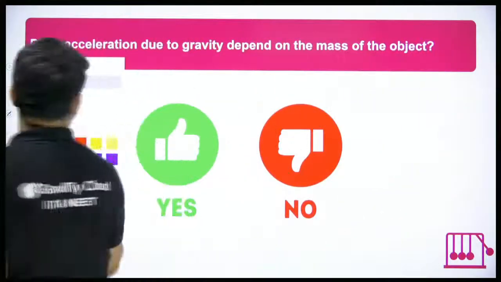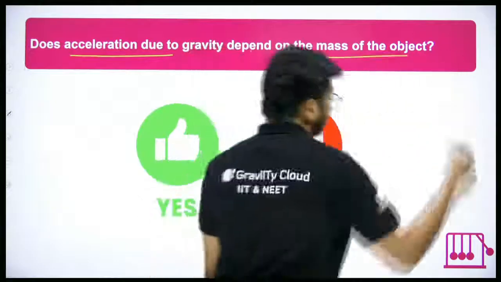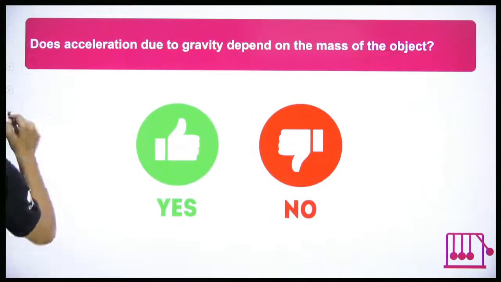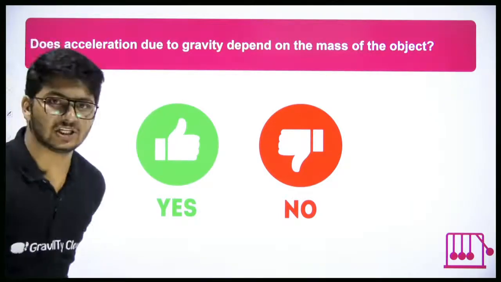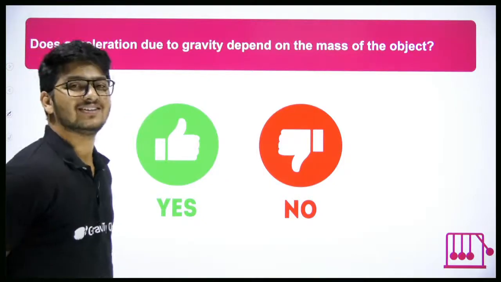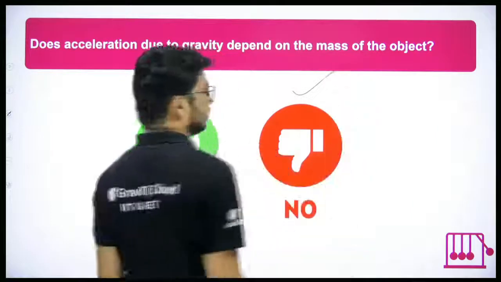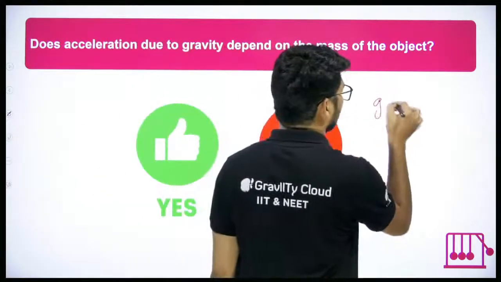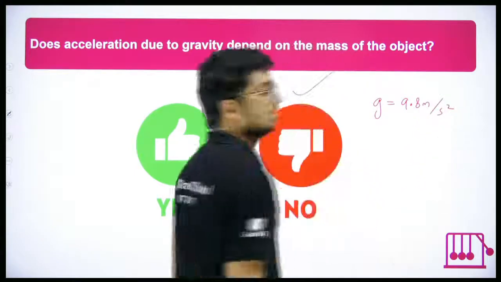Another question. Very simple one. Does acceleration due to gravity depend on the mass of the object? Very simple, but a classic question. Yes or no? The answer is no. It does not. For every object, the acceleration due to gravity on Earth is 9.8 meter per second square.